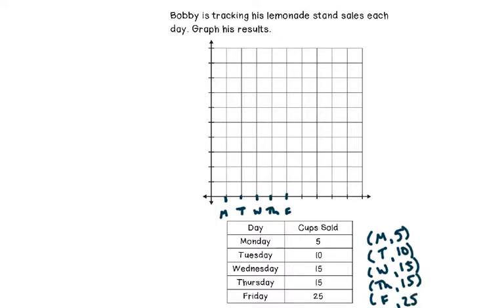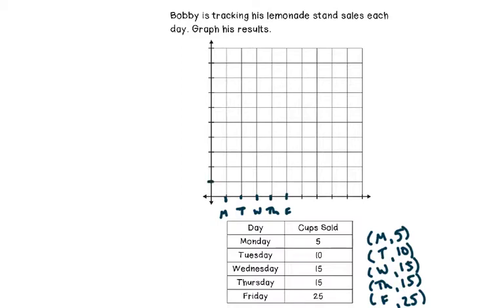Now if you'll notice, on my y-axis, I only have 1, 2, 3, 4, 5, 6, 7, 8, 9, 10 spots. So I can't obviously go by ones because then I wouldn't have enough to show 25 when I got to Friday. So instead what I'm going to do is count by 5.